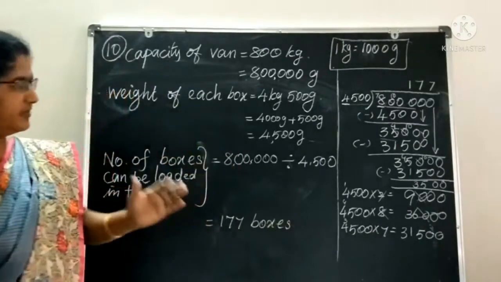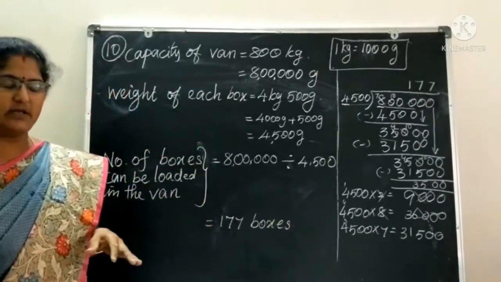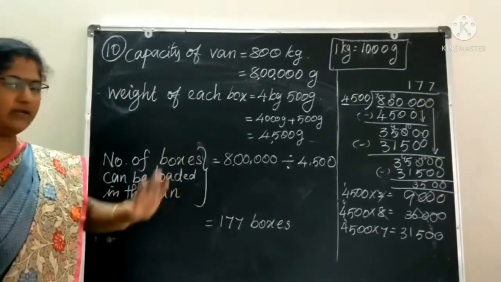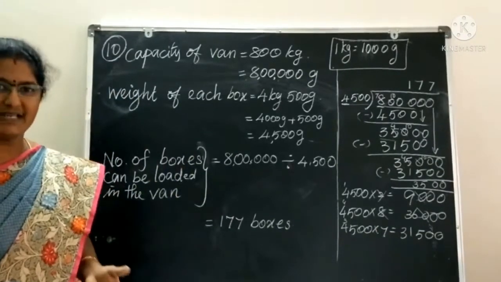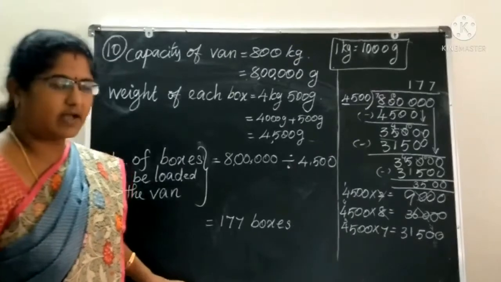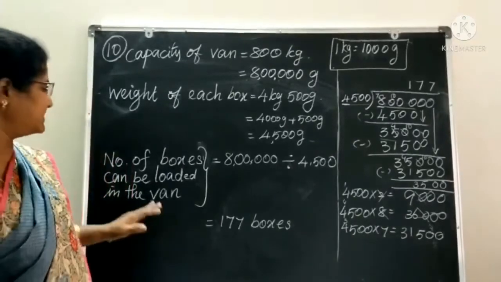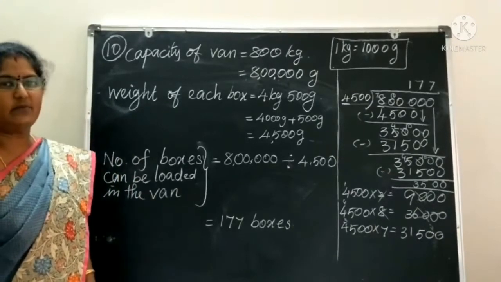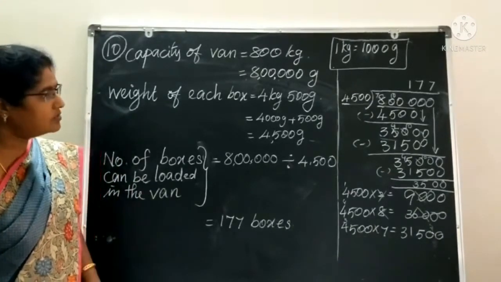So this much weight capacity is empty, but they didn't ask what the remaining weight is. They only asked how many boxes can be loaded in this van. So 177 boxes. Understand how to divide?